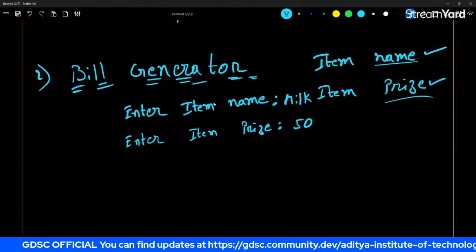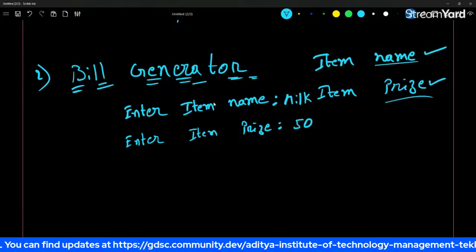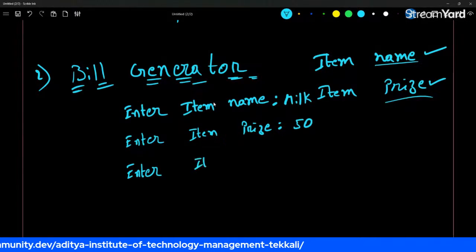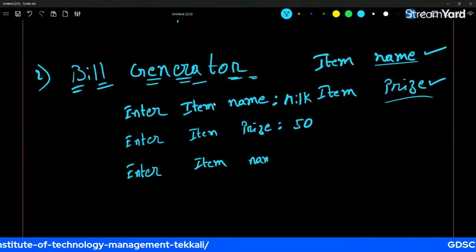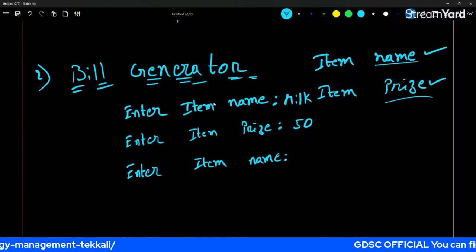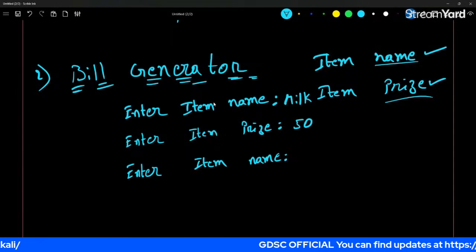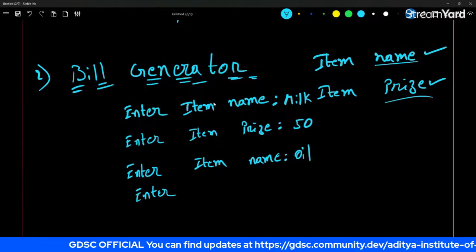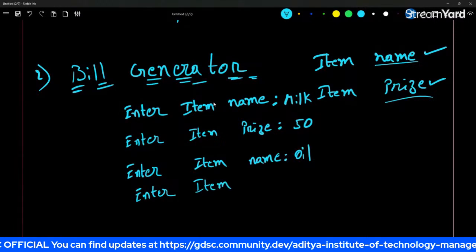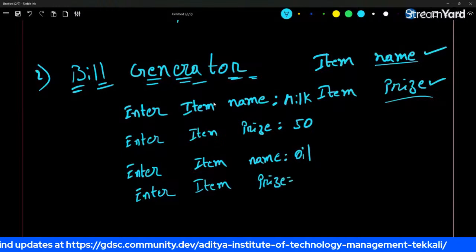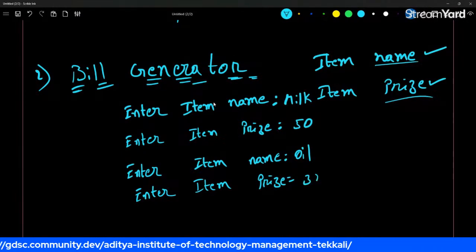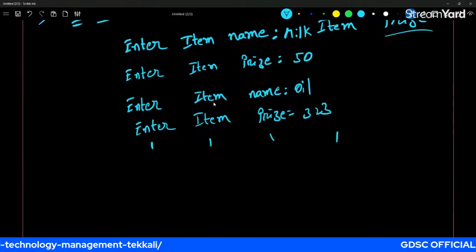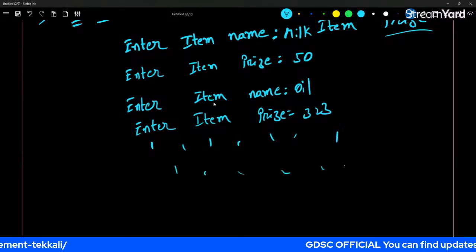If he has any other item, I will ask again, enter the item name. Say oil, and I will ask him to enter the item price, which can be something like 123. Again I will ask like this.